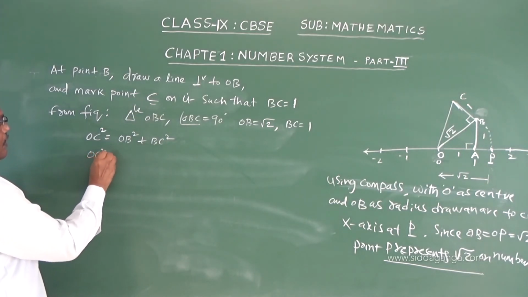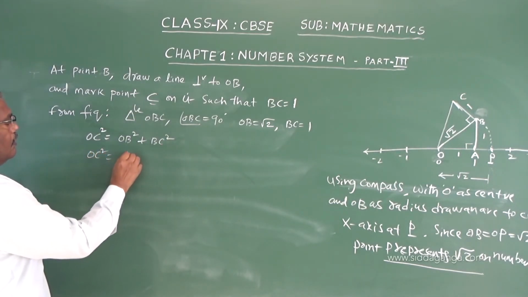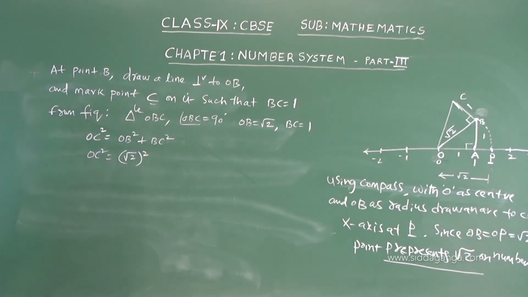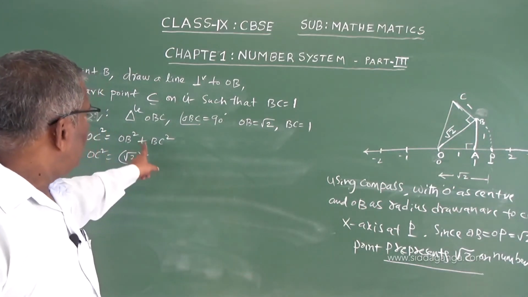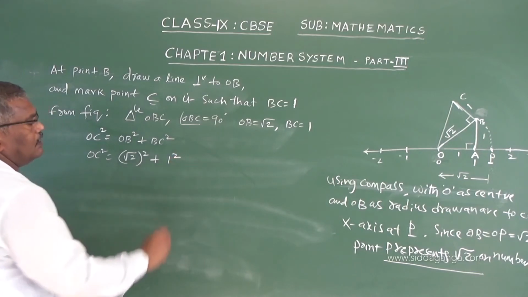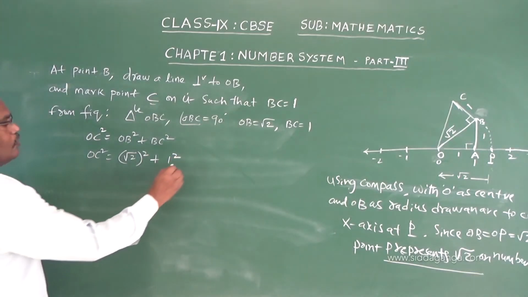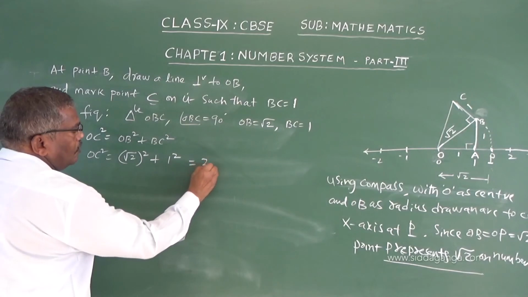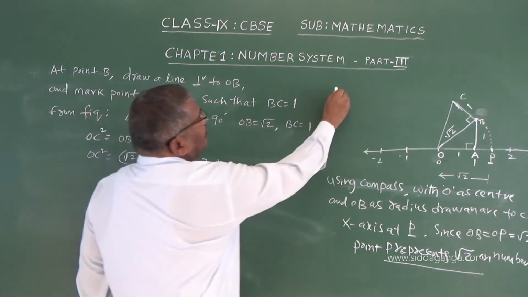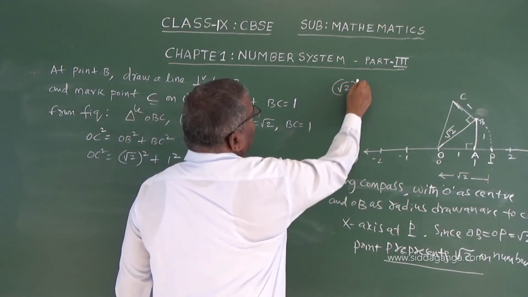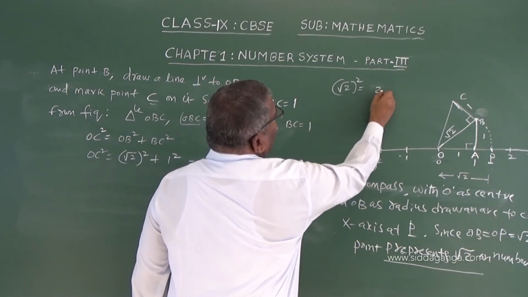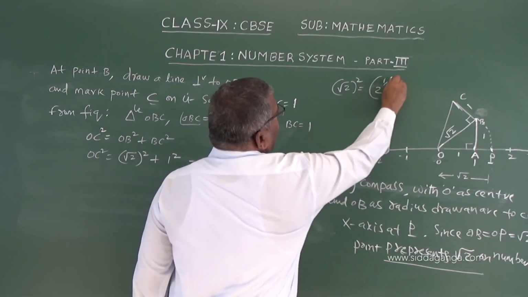So OC square equals OB, which is root 2, whole square. OB value is root 2. So therefore I am putting root 2 whole square plus BC is 1 unit, that is 1 square. Root 2 whole square is 2, because root 2 whole square equals 2 to the power half whole square.